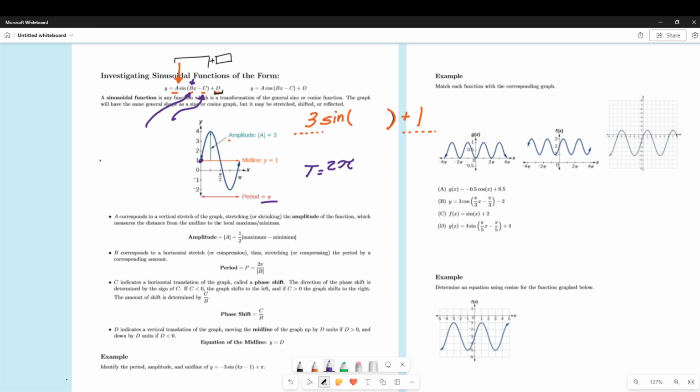It's going to cause the function to happen faster. So 2 pi divided by your compression factor is going to give you your period. Now, I call this a compression factor by habit. A lot of people like to think of it as a speed factor.